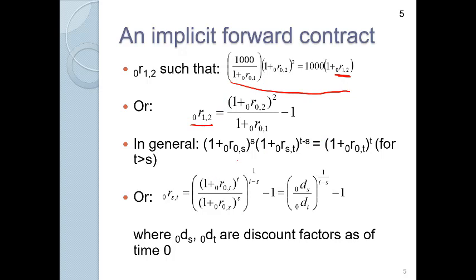In general, instead of 1 and 2 and so on, I'm going to write it in terms of S and T, where we assume that T is higher than S. So in our previous case, T was equal to 2 and S was equal to 1. And this would be the general formula. Now what's going to be different here is that in order to analyze your rate, you need to adjust it for the time period. You can also write it in terms of discount factors. The discount factor for S, that means the lowest one, is going to be on top, and the T, the highest one, is going to be at the bottom.